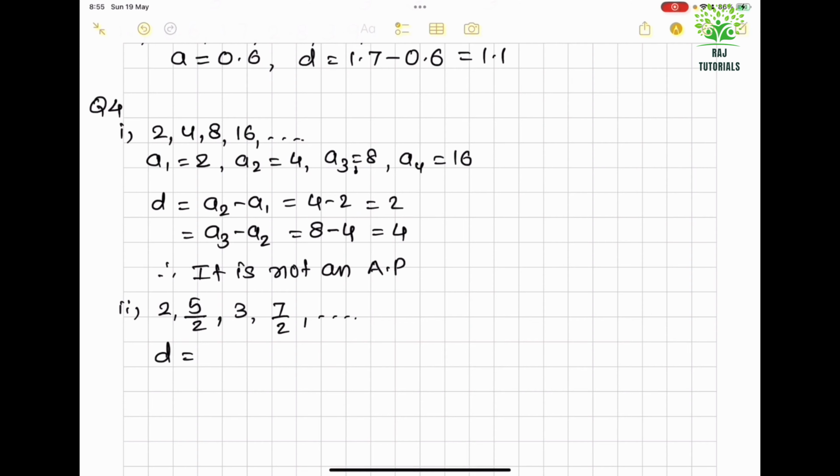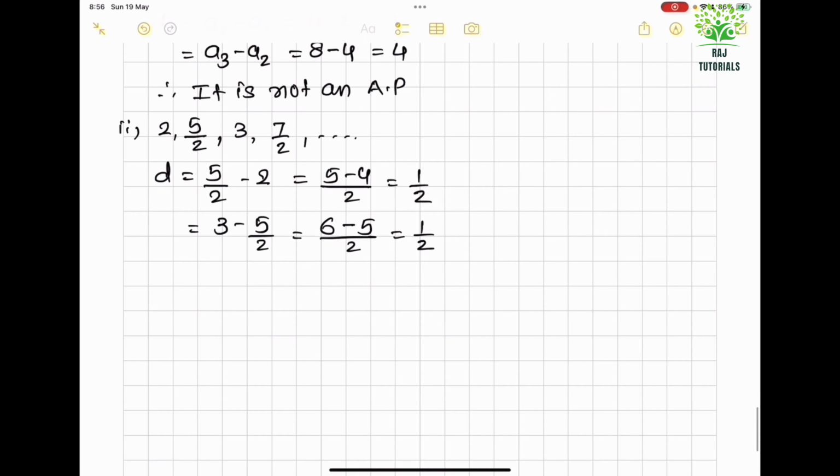So D will be 5 by 2 minus 2. So that is 5 minus 4 by 2. So 1 by 2. 3 minus 5 by 2. So this will be 6 minus 5 by 2. So 1 by 2. Then 7 by 2 minus 3.